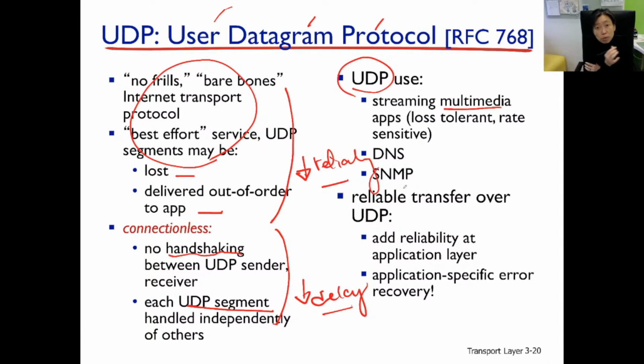Skype's voice sometimes also uses UDP. DNS, getting the host to IP mapping, we need it as soon as possible. Therefore, UDP here. Now, if one of these DNS queries or replies is lost, the local DNS server is going to send another request real fast, so don't worry.